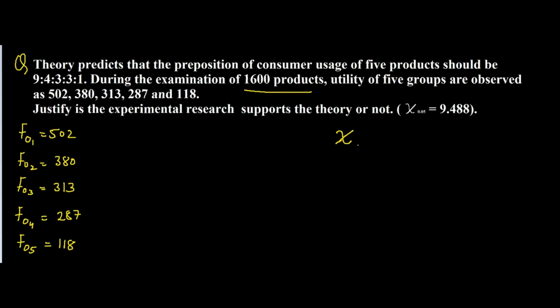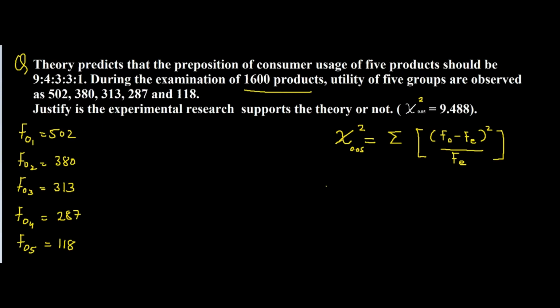Chi square is calculated as the summation, or sigma, of the square of the difference between observed and estimated frequencies, divided by the frequency of the estimated data. If you are able to calculate this part and sum it up for all 5 of them, you can find it, and there is a degree, or you can say level of significance.